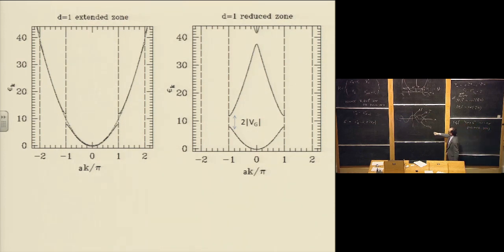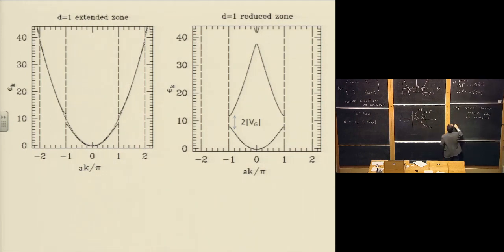So you see where psi plus is very large, that's where V of x is positive, and where psi plus is small is where V of x is negative. So that means psi plus, E plus, is pushed up in energy because it's experiencing mostly the positive potential.